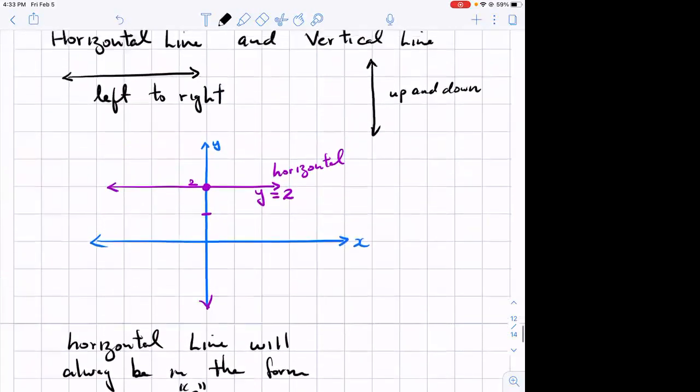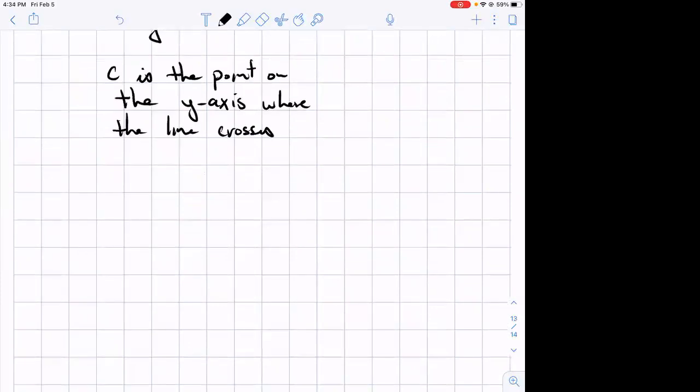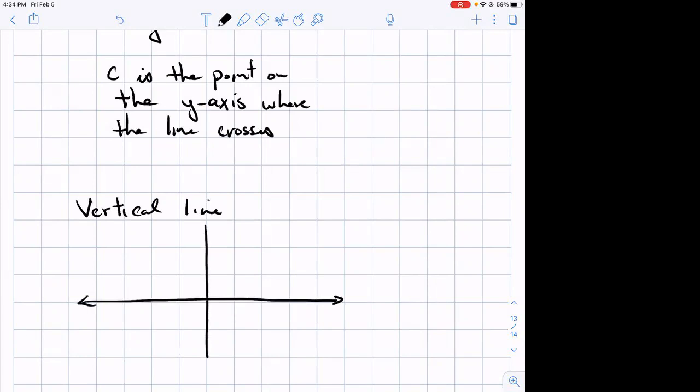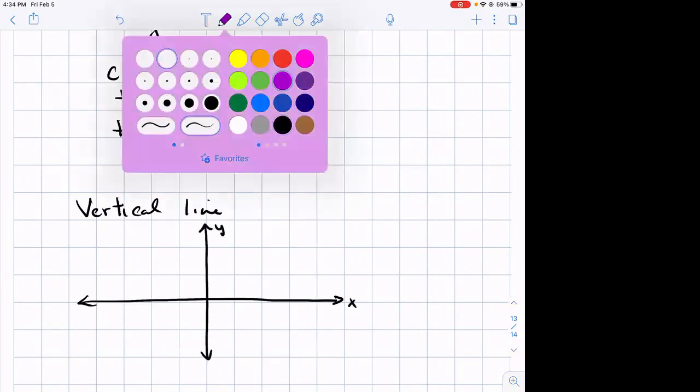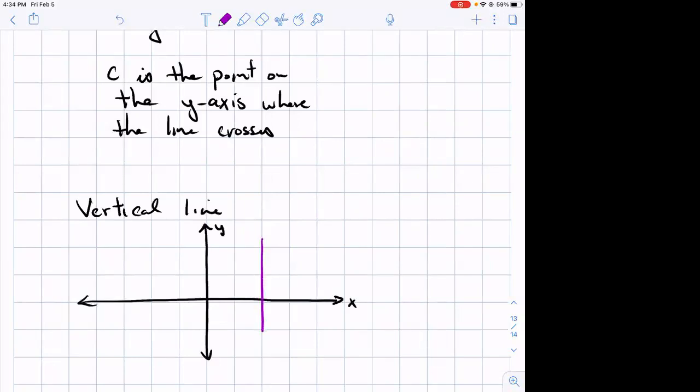Now for a vertical line, if you look at the xy axis again, you will notice that a vertical line will cross the x-axis. Okay, it crosses here.